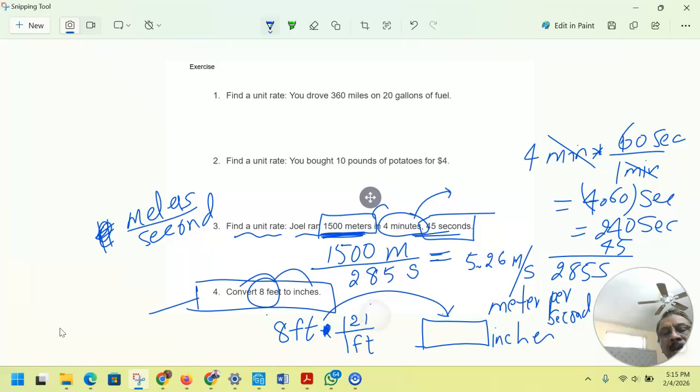Of course, we know inches are small and feet are big, so that's why you multiply by 12. You can also do this directly, but I'm showing what is called dimensional analysis. So this answer would be 8 times 12, which gives you 96 inches.